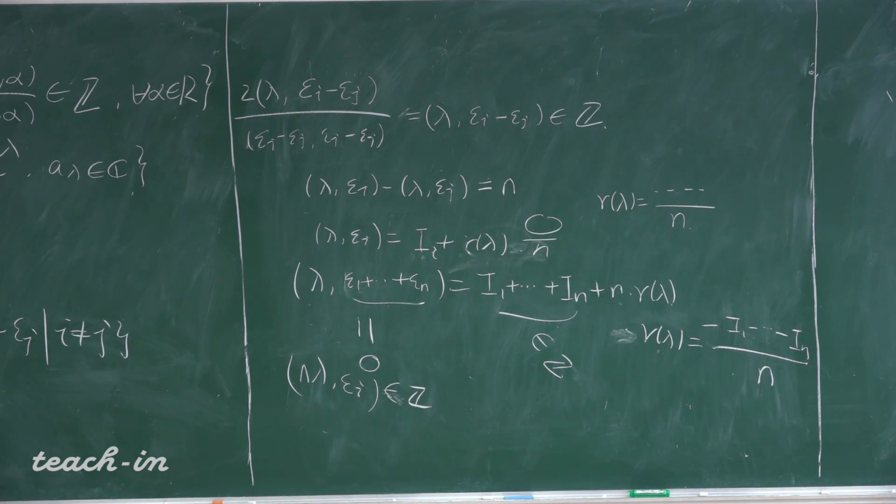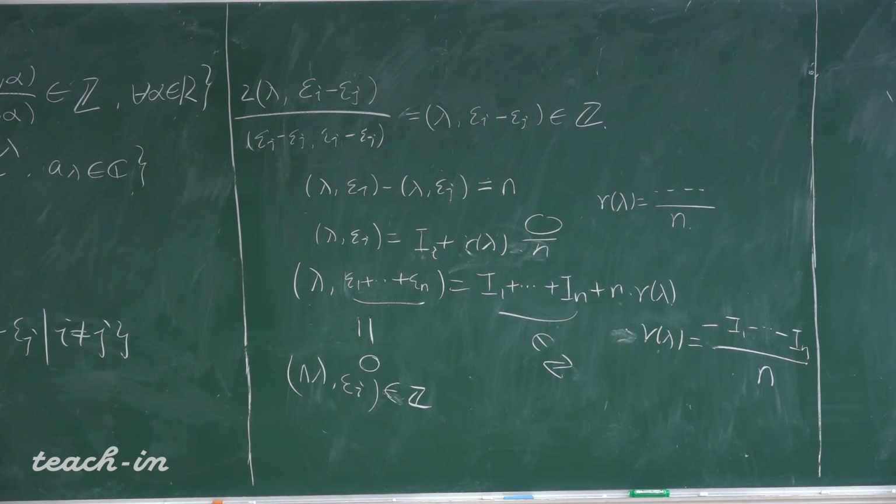I think we can take any complex entries for lambda, for r of lambda, because r of lambda, from the general theory, is how the center acts.